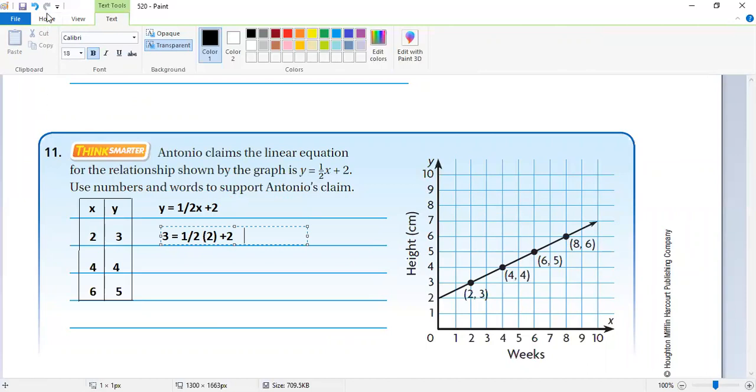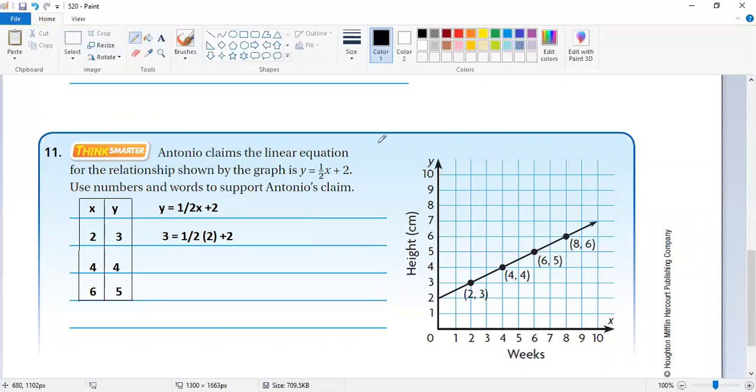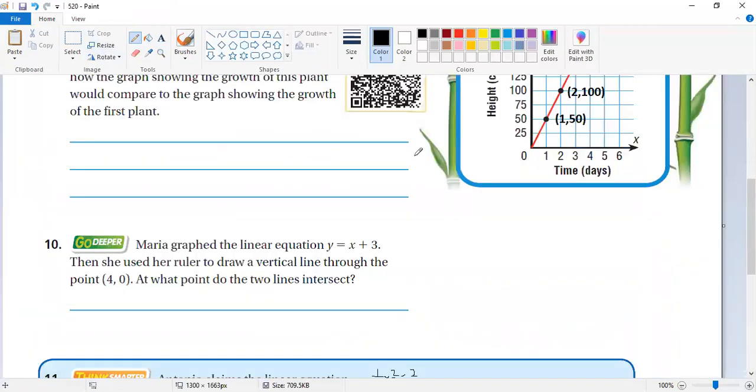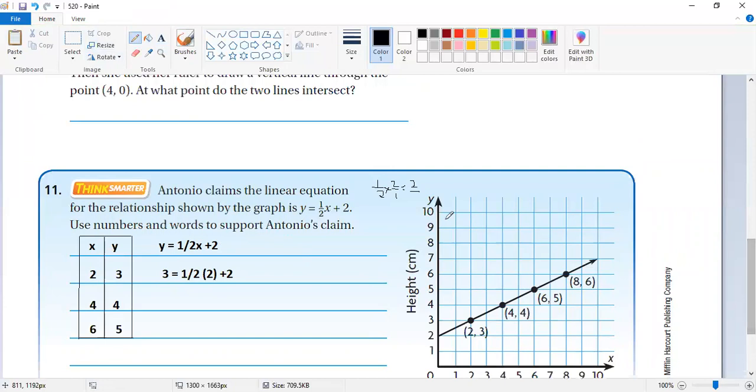So how much is half multiplied by 2? I'll just show you here. Half multiplied by 2 means 1 over 2 times 2 over 1, so 2 divided by 2, which is equal to 1.